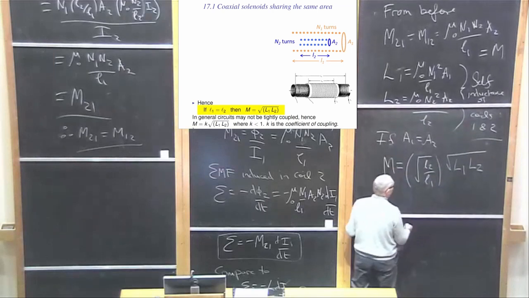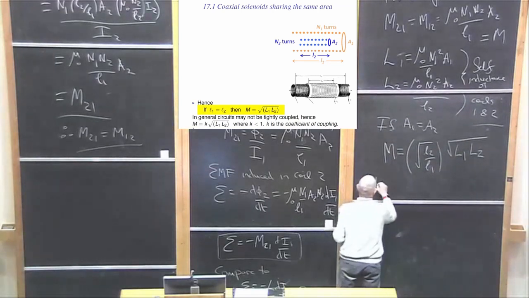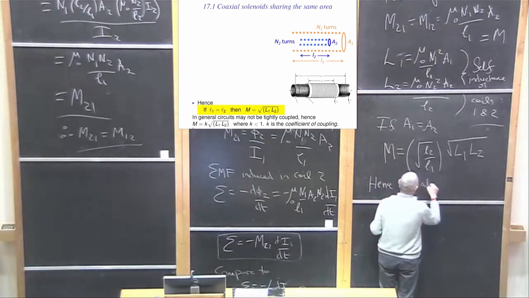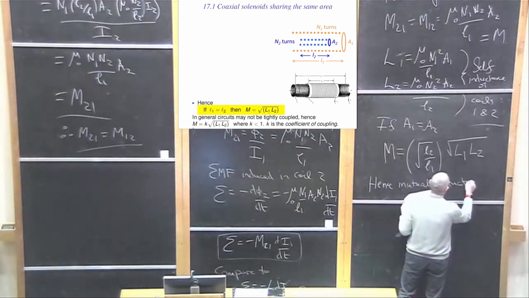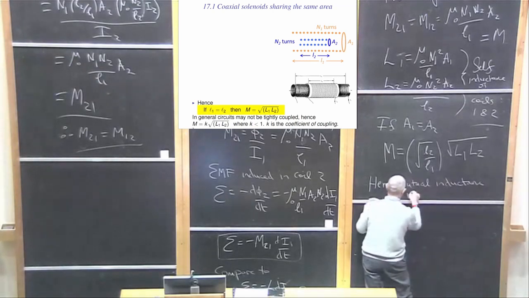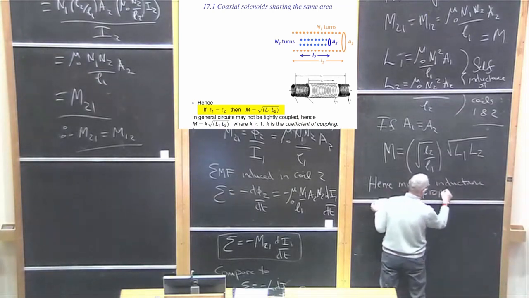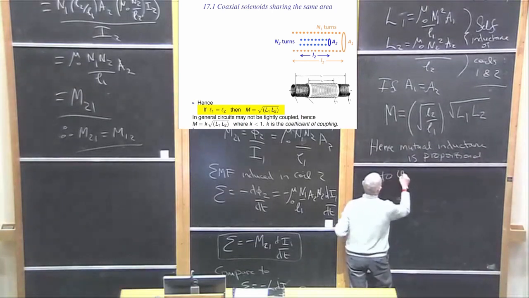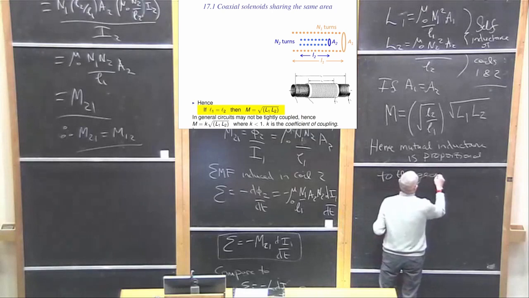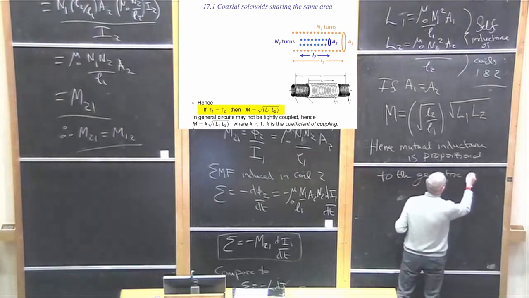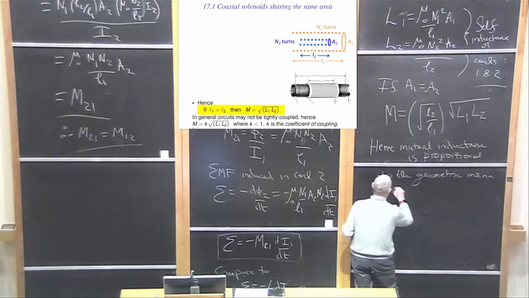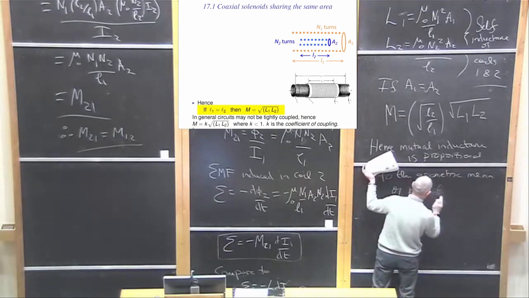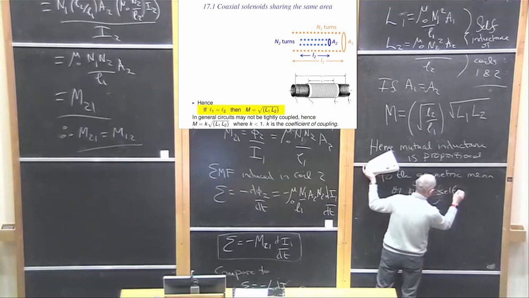Hence, mutual inductance is proportional to the geometric mean of the self-inductances.